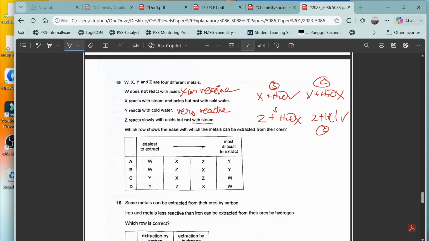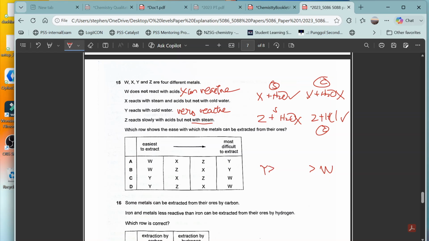So which one is the most reactive? I put W here first because it is the... okay. So Y is more reactive than X, or Y is more reactive than Z.